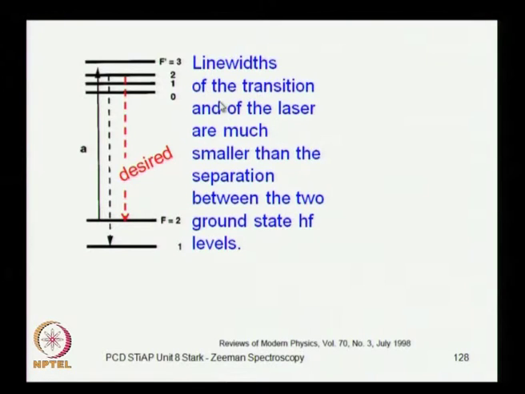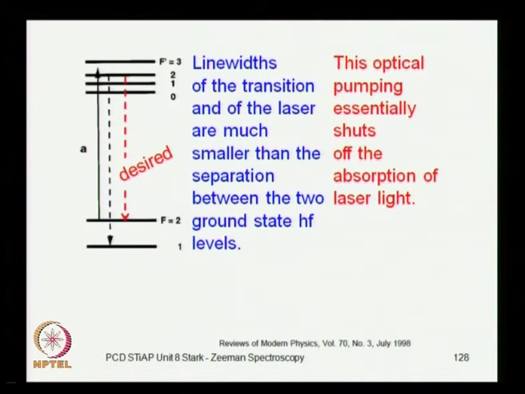The line widths of the transitions are of course much smaller than the differences between these energies, otherwise that would have taken care of it. That is not the case here, and what Phillips observed is that the absorption of light would get shut off. When he was carrying out his experiments, he found that the cycle would not continue.